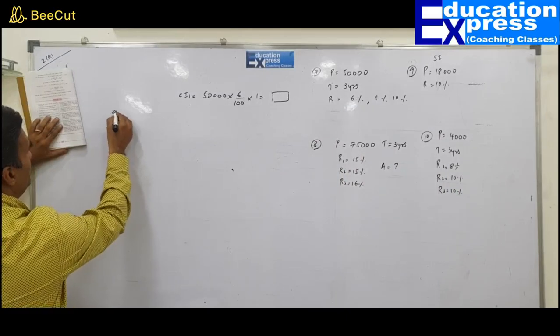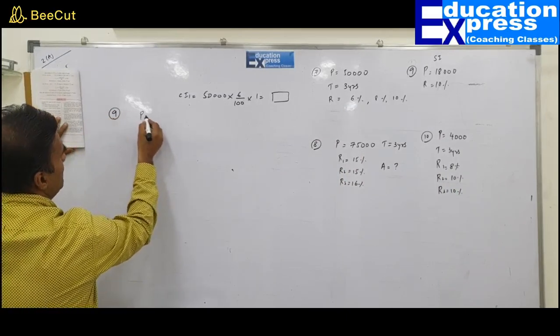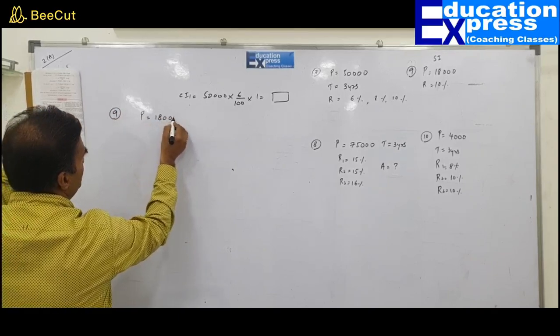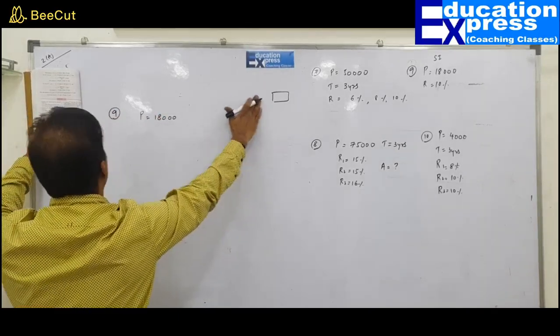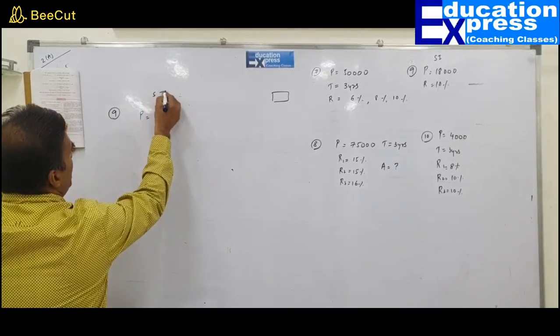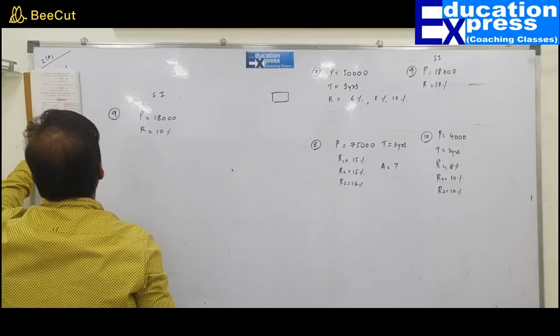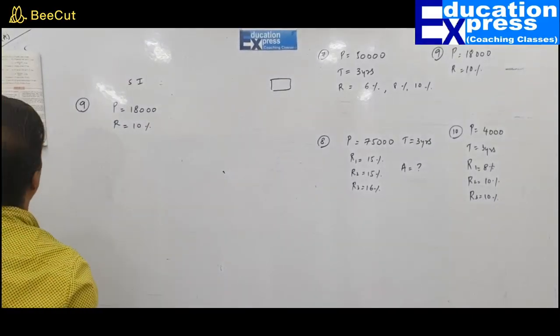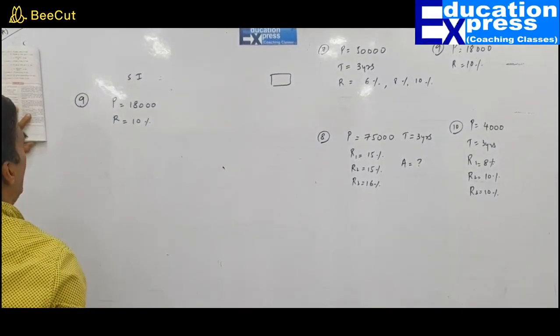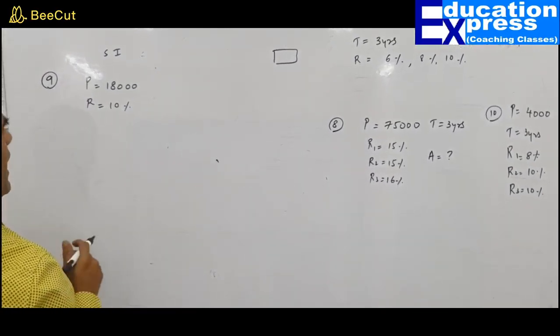Question number 9. Govind borrows rupees 18,000, principal 18,000, at 10% simple interest. He immediately invests the money borrowed at 10% compound interest, compounded half yearly.